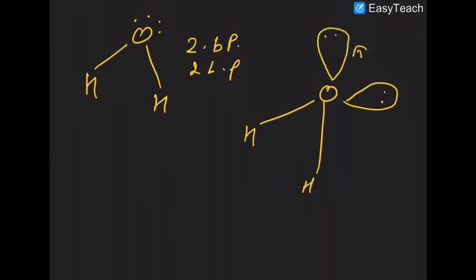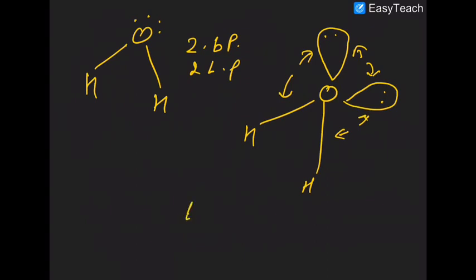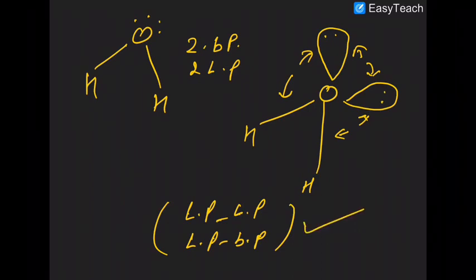So there is lone pair lone pair repulsion, and there is also lone pair bond pair repulsion. In ammonia, if we observe clearly, there is only lone pair bond pair repulsion. But in water both are present. So the magnitude of repulsion is more in water.